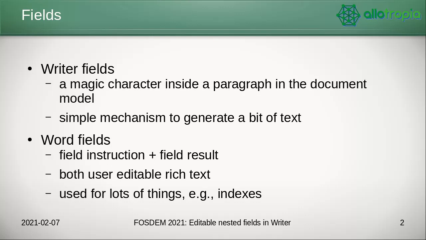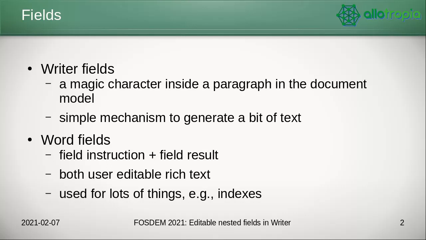And on the other hand, in Word, fields are a bit more flexible. So a field is represented in two parts. It has a field instruction and a field result. And both of these parts are user editable text that can have internal formatting applied to it, and other fancy things like paragraph breaks.